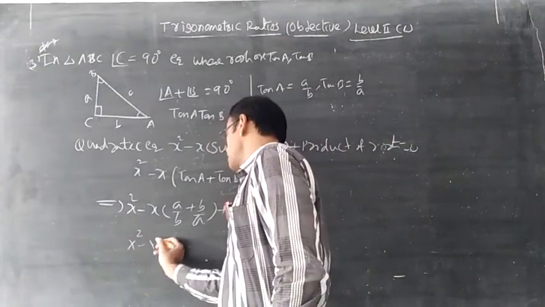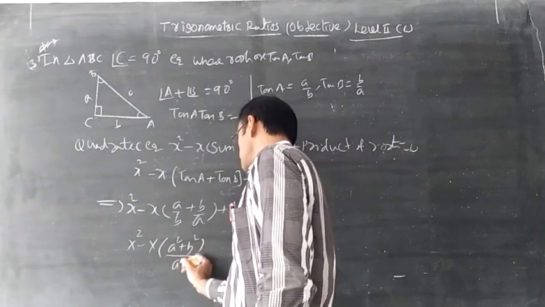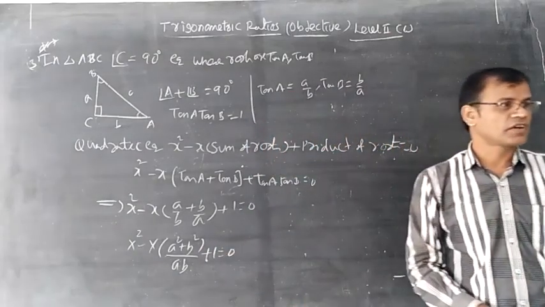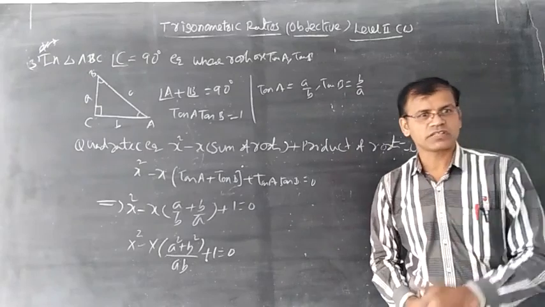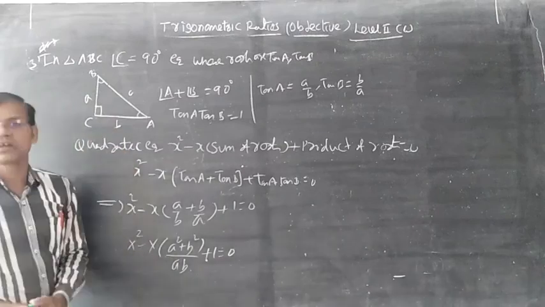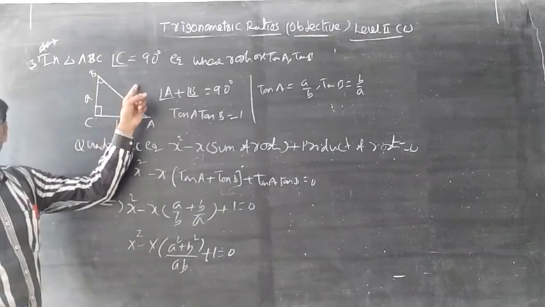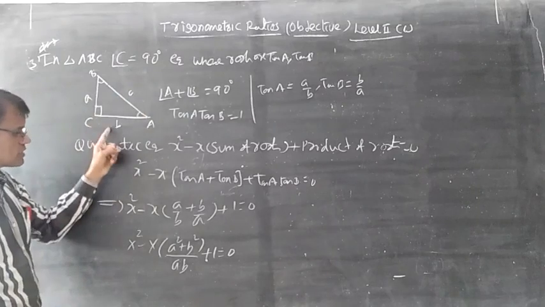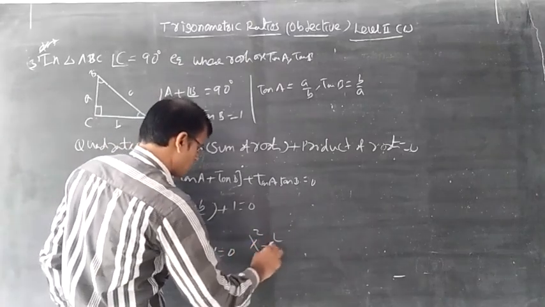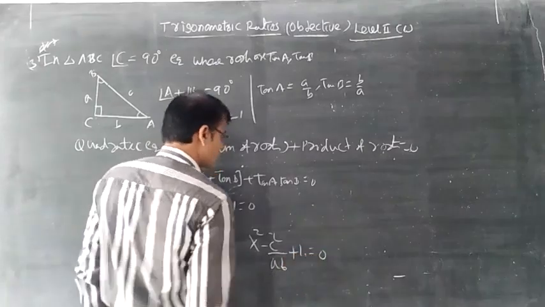Now take the LCM: x square minus x into (a square plus b square) by ab plus 1 equal to 0. According to the Pythagoras theorem, the square of the hypotenuse equals the sum of the squares of the other two sides, so a square plus b square equals c square. Next step: x square minus c square by ab into x plus 1 equal to 0.